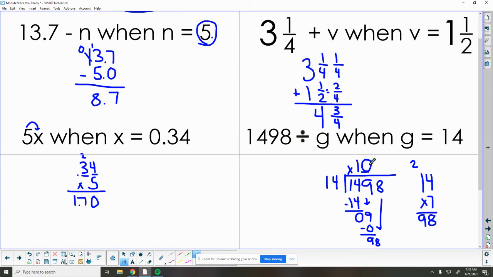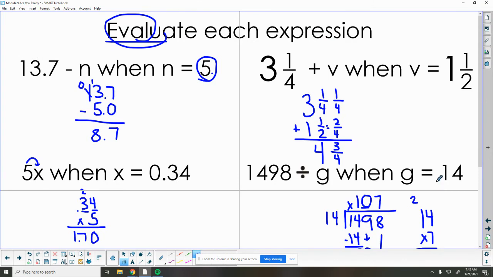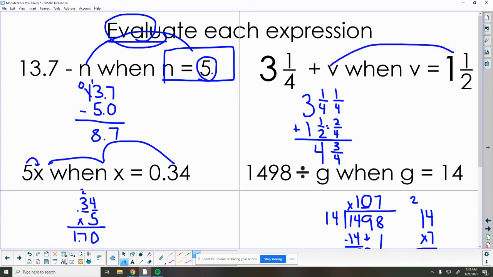Oh, perfect. It goes in there 7 times. So this equals 107 when we plug these numbers in. So make sure when it tells you what the value is that you actually go and substitute the value in.